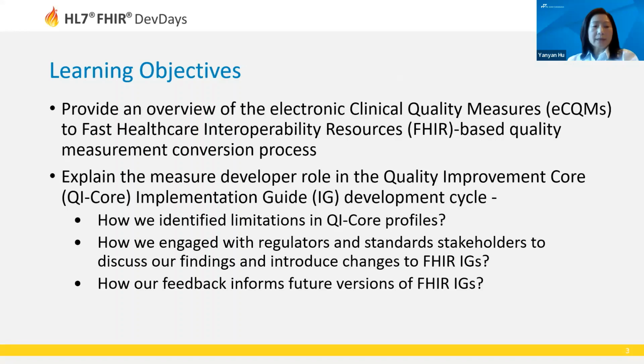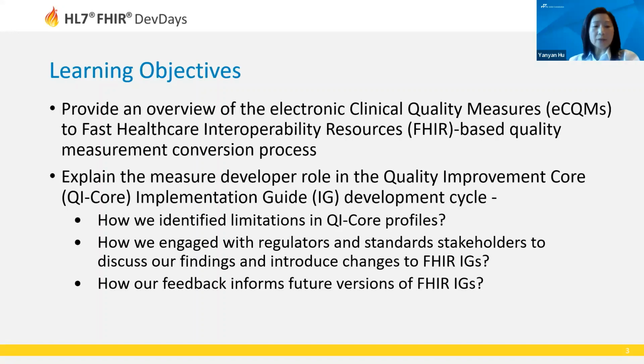As we all know, FHIR has the potential to reduce the overall burden associated with quality measurement, enabling better alignment with EHR data while improving alignment between clinical decision support and the measurement.